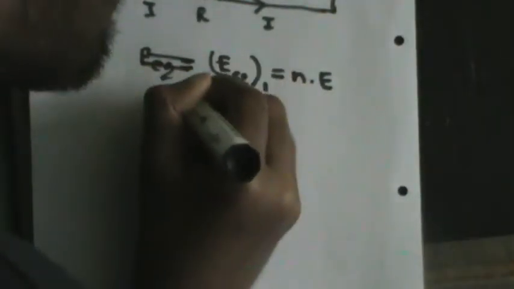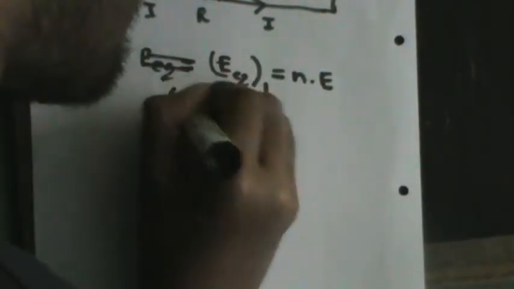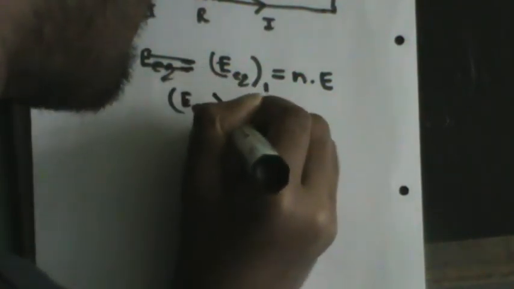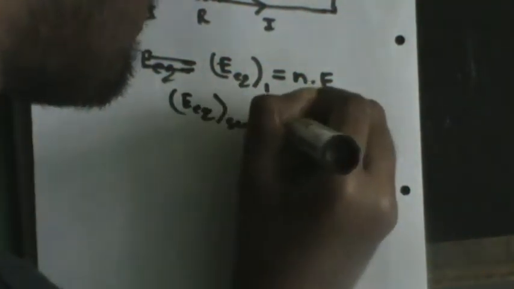So the total effective electromotive force of this series of cells is also N times E. And for the total effective internal resistance of this setup, Req for the first row, what is it? It is N times R, because you add the resistances R1 plus R2 plus R3.